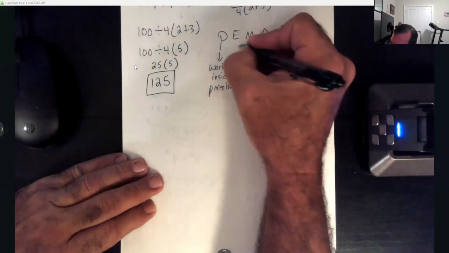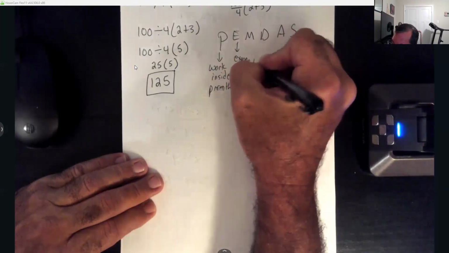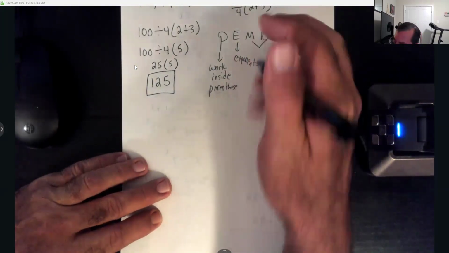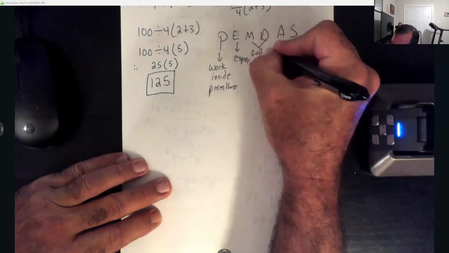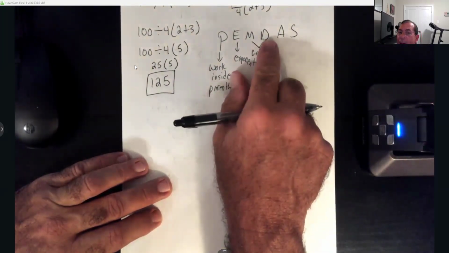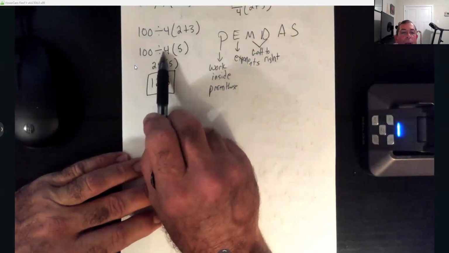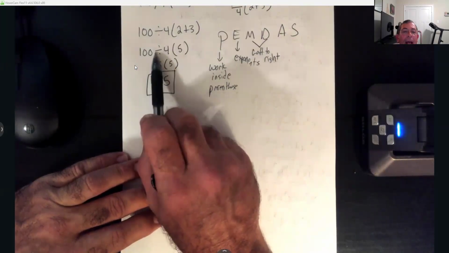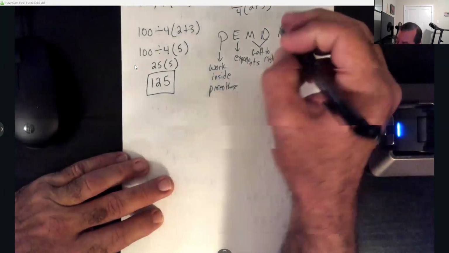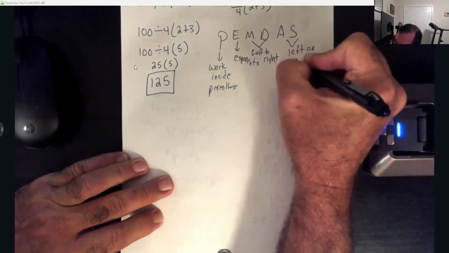E means exponents. M and D, multiply or divide, but you got to go left to right. So you might have to divide first or you might multiply first, but you got to go left to right. So at this point, when I had division and multiplication, I went left to right and divided first and got to 25. And then A or S is add or subtract, and that goes left to right.